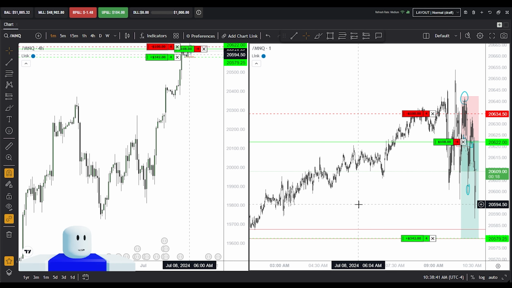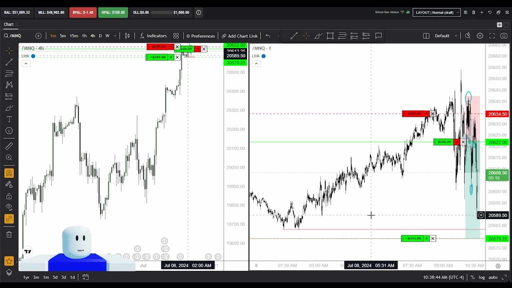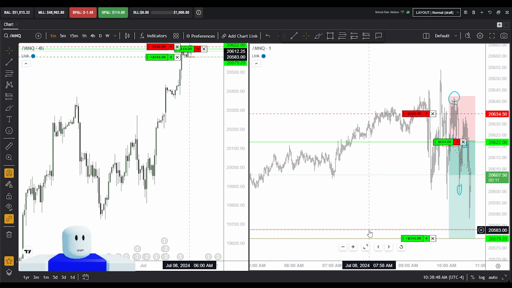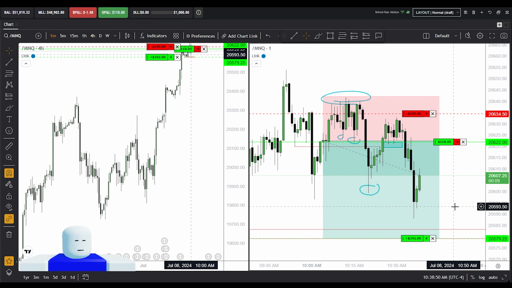And so now price has taken out more sell side liquidity and has left these equal lows untouched. So what do I think price is likely going to seek out? These equal lows.